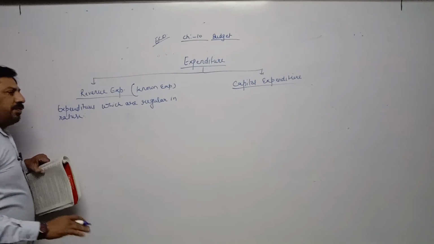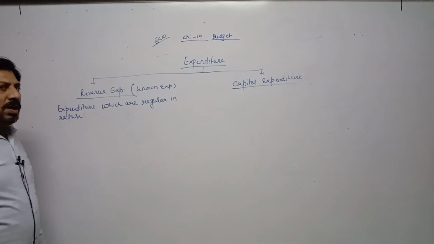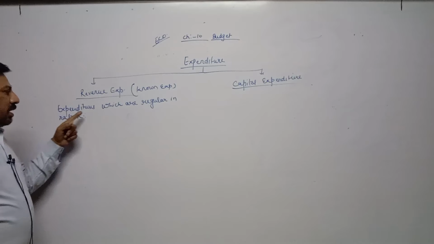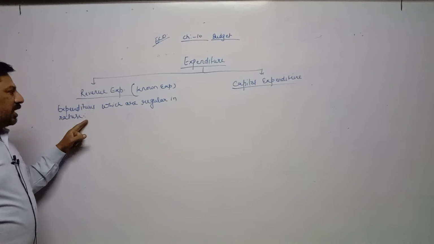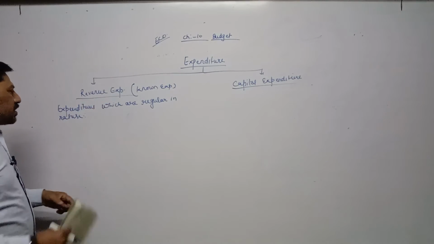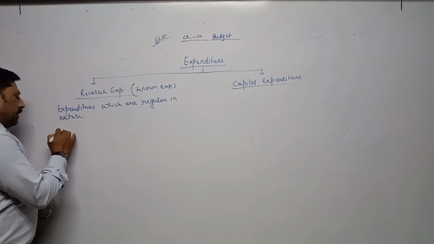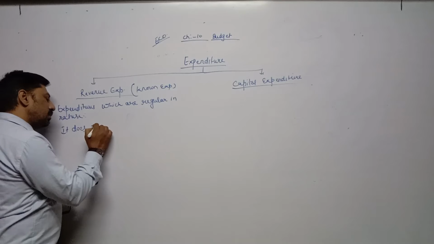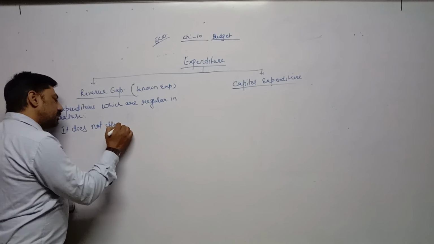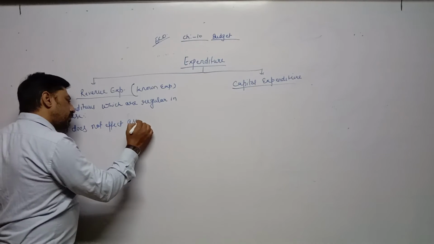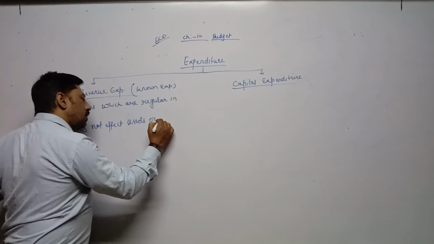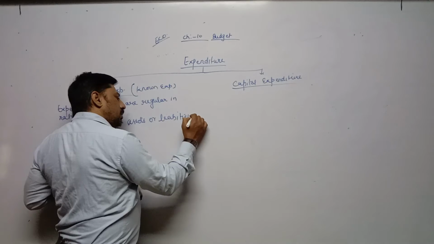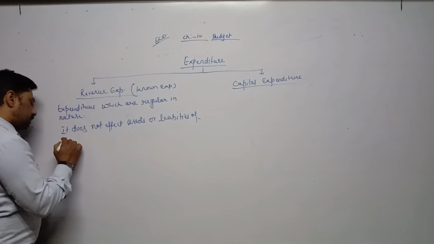These are the fixed expenditures which government has to incur in different activities. So expenditures which are regular in nature are called revenue expenditure. Again, the same definition: it does not affect assets or liabilities of government.